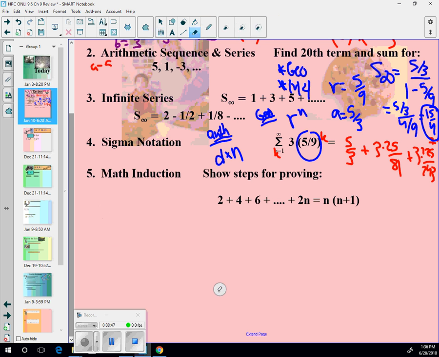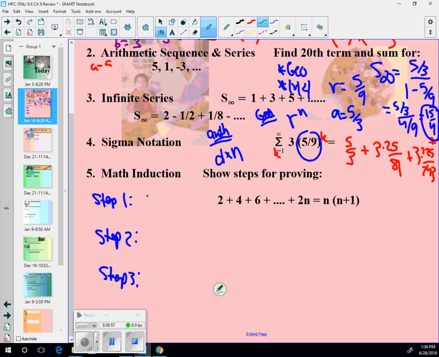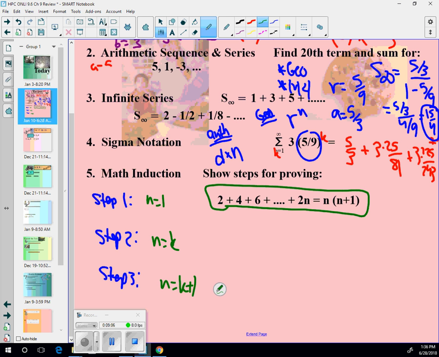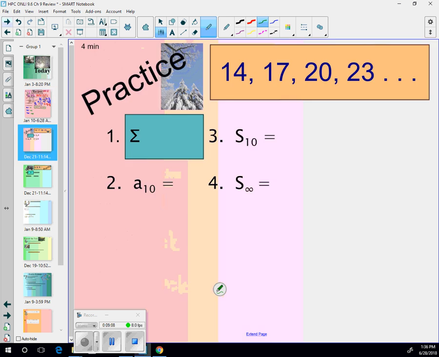You're going to have your 3 steps. Step 1, 2, and 3. You're going to do n equal to 1, n equal to k, n equal to k plus 1. And I'll let you tackle this one. I think we did one like it already.